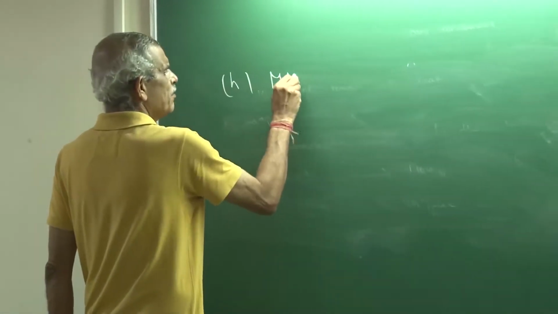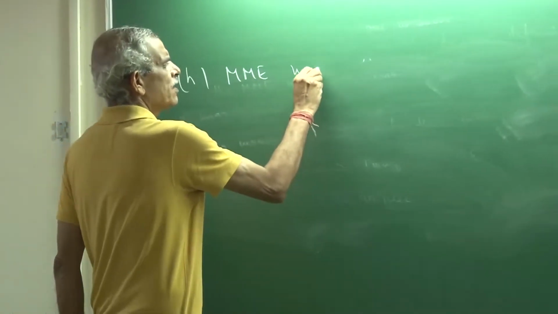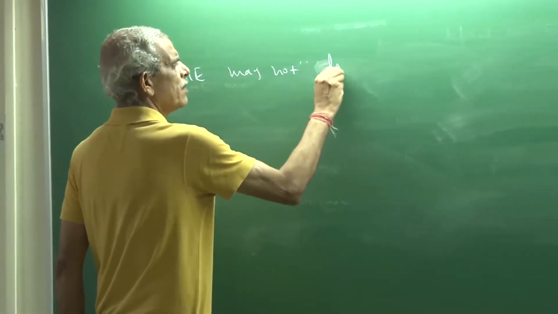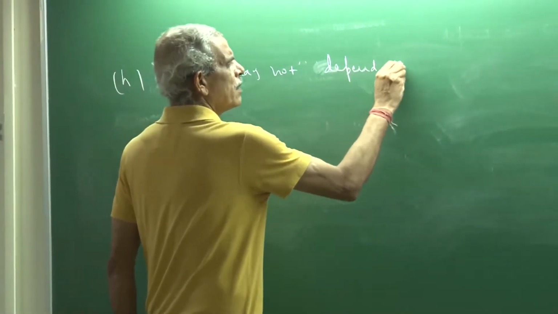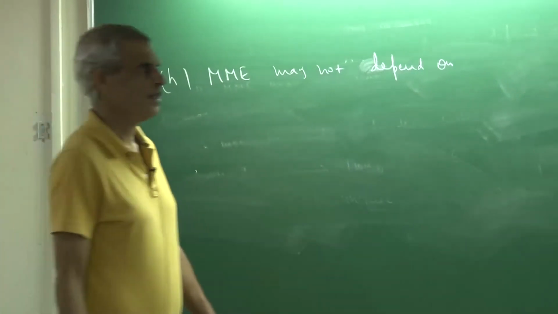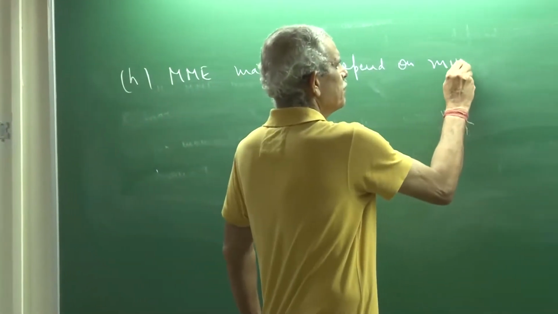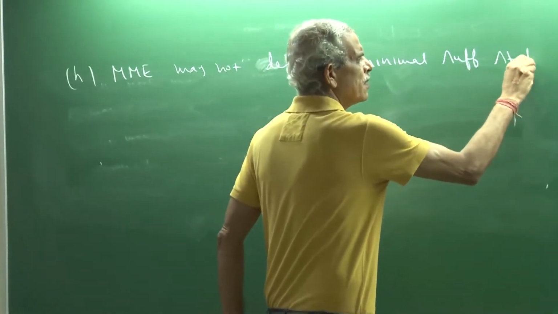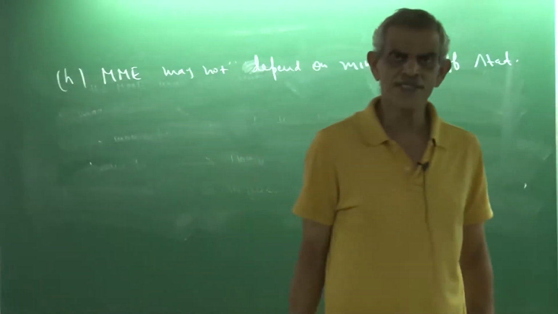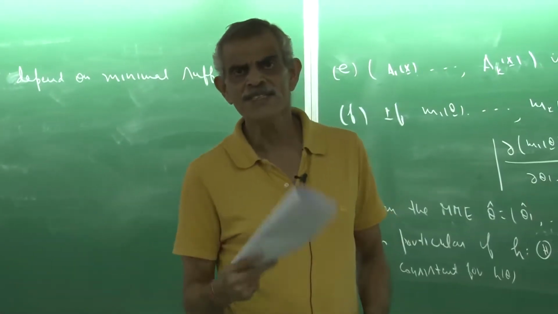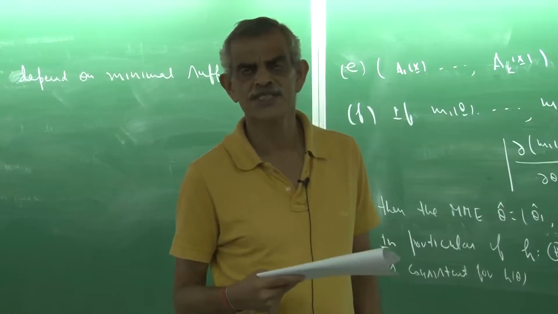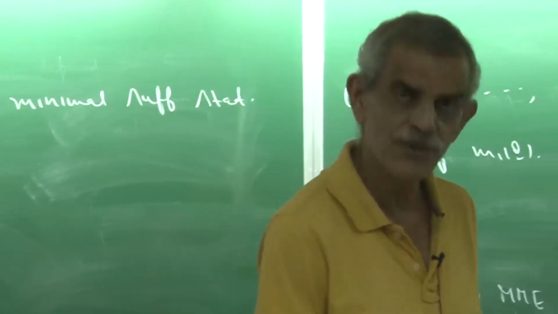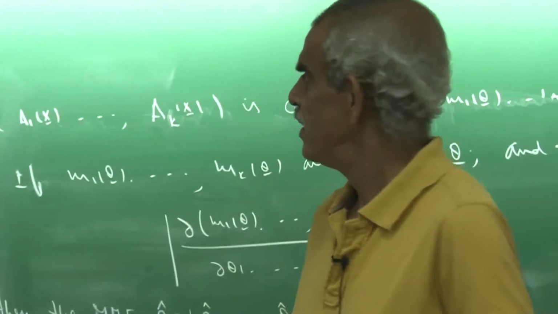Another drawback: the method of moment estimator may not depend on a minimal sufficient statistic. So that means if your loss function is convex, you can always improve the method of moment estimator in certain situations. We'll see a few examples of that kind in the next module.